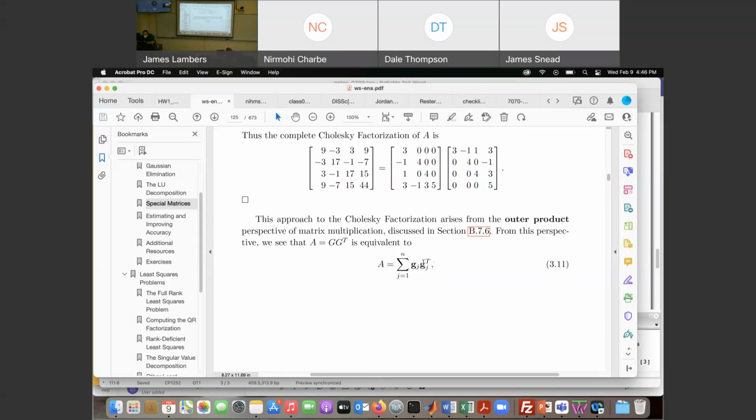So G1 times G1 transpose could conceivably be a matrix that's entirely non-zero. G2 times G2 transpose, though, will have the first row and column 0. When j equals 3, the first two rows and columns are all 0. That can be exploited to compute the entries of each of these vectors.